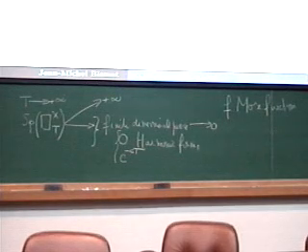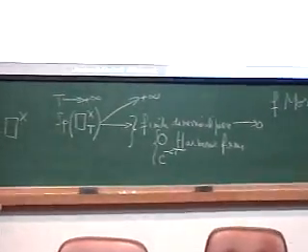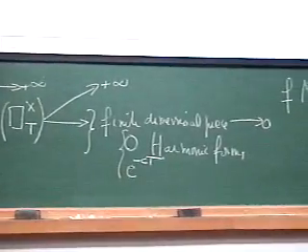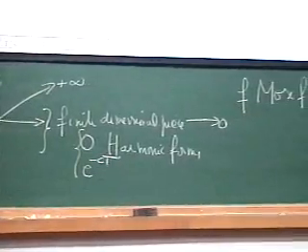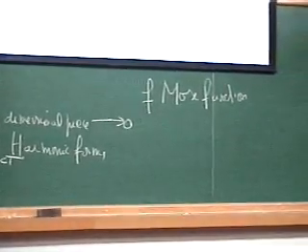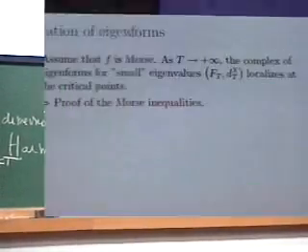But the point of Witten's theory is that when t tends to infinity, actually the small eigenvalue eigenforms concentrate near the critical points of the function f. Concentrate near the critical points.